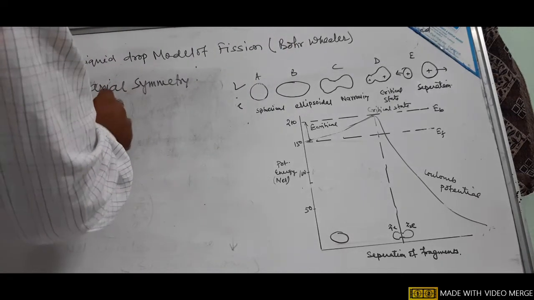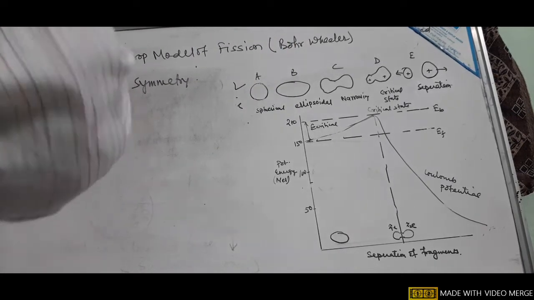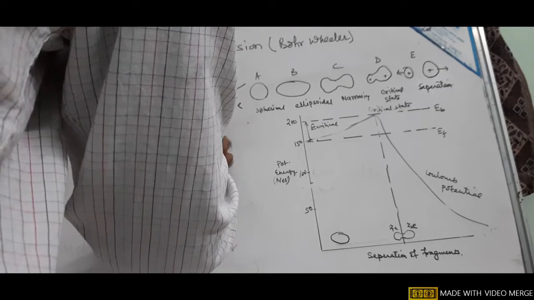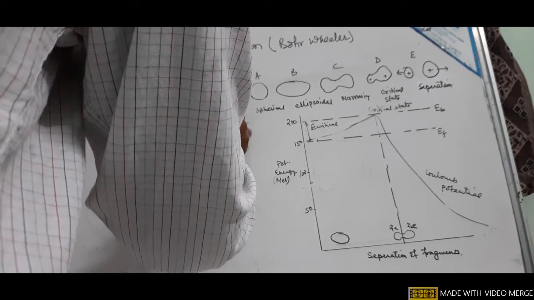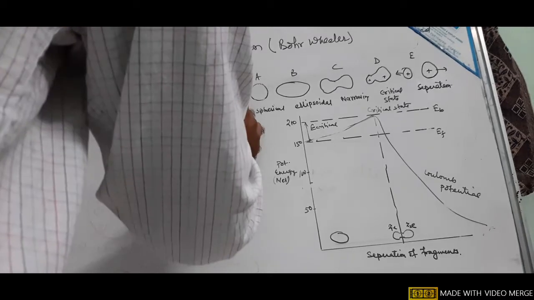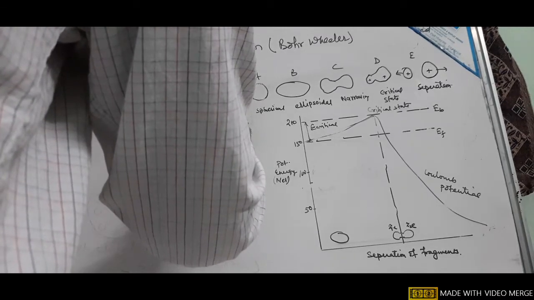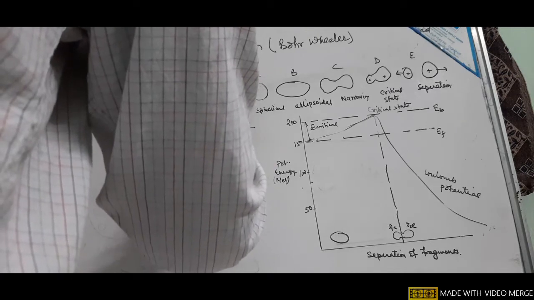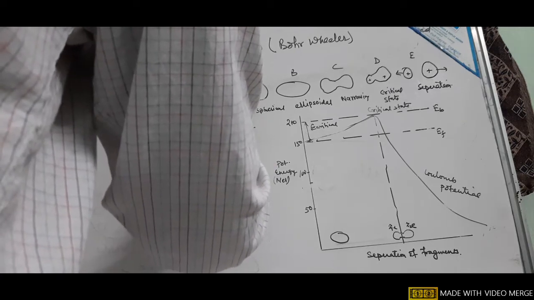as r(theta). R is a function of theta. When it is deformed, it goes like this. If you take any point here, this is the axis, this is r, and this is our theta.